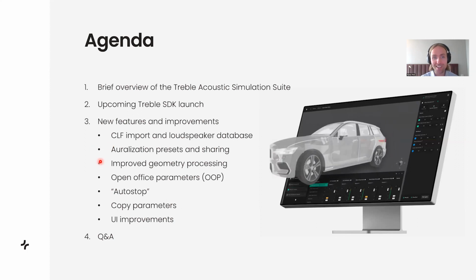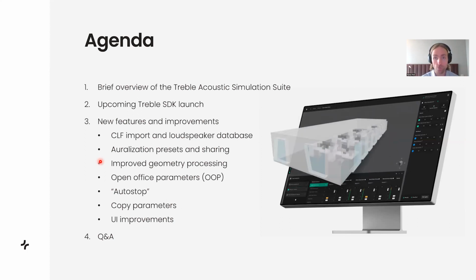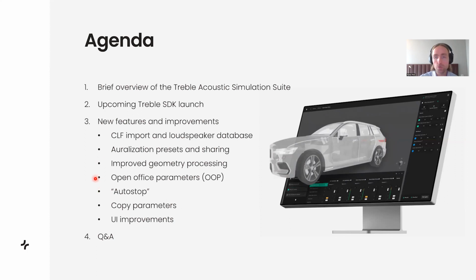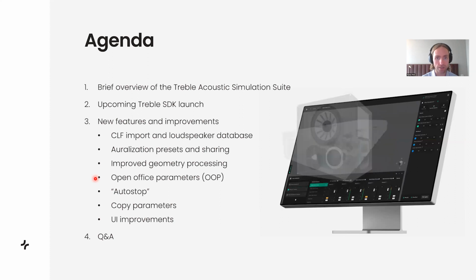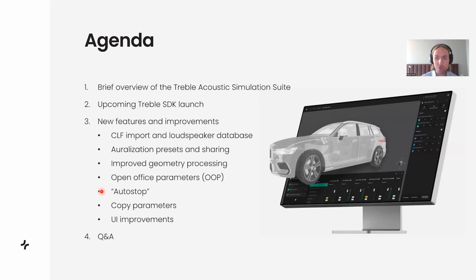Not less cool is improved geometry processing, being able to import less perfect room models into Treble and work with them further. The ability to compute open office parameters, such as distraction distance and things like that. A feature which we internally here at Treble call auto stop.